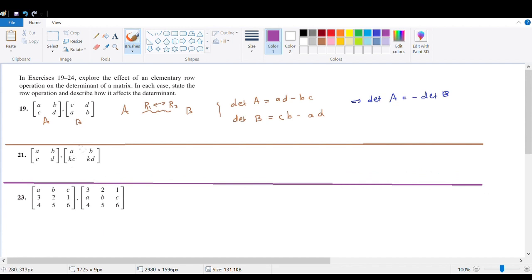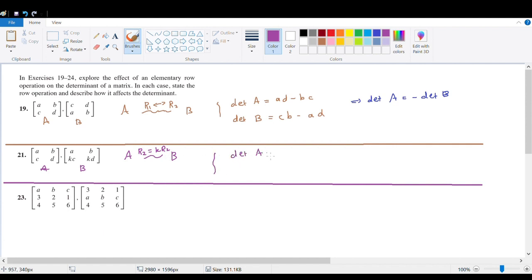So 21 we have, if we say this one is A, also this one is B. So we say that we have A, then we do a row operation, we get B by multiplying the second row by K. So row 2 is equal to K row 2. Now let us see what is the determinant.